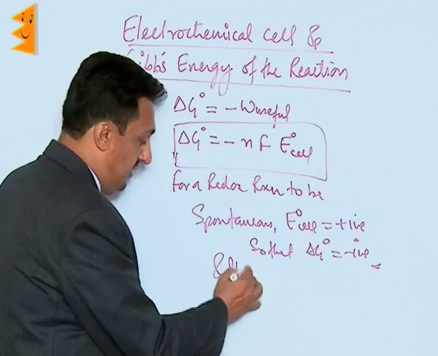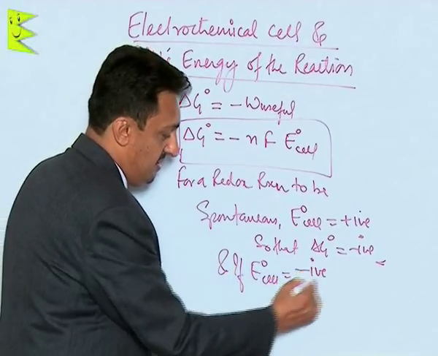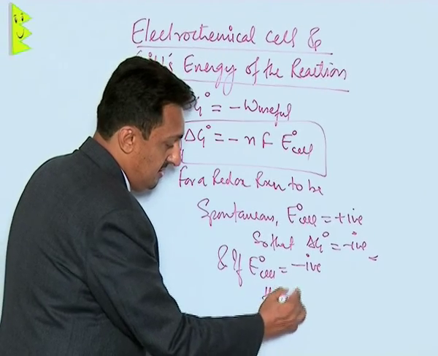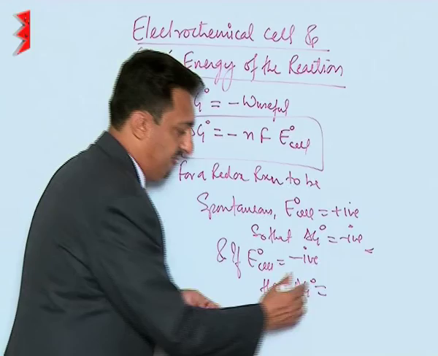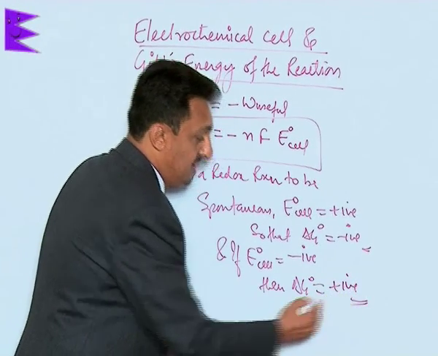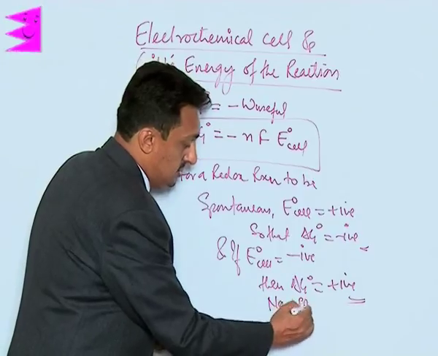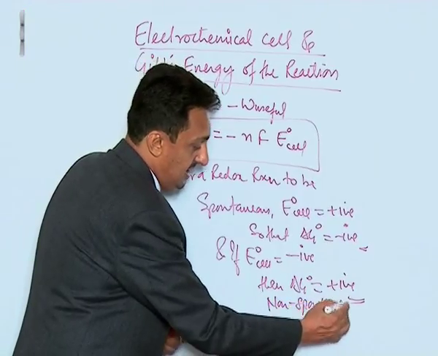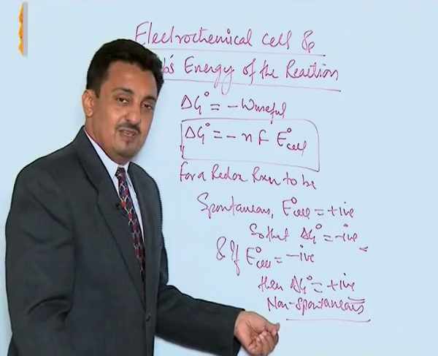And if E naught cell is negative, then delta G for that particular cell or redox reaction will become positive, which will show that it's a non-spontaneous process or reaction, which will not take place on its own.